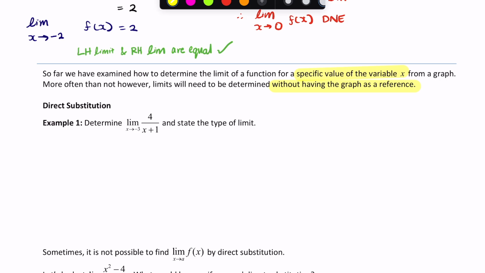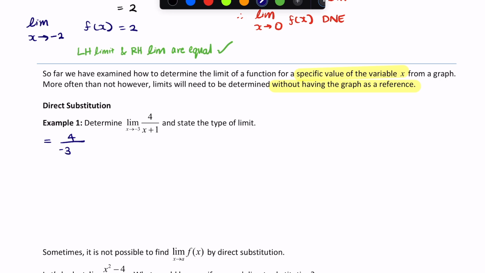we can simply sub in the value that the limit shows up from. So here, we see that the limit as x approaches -3, we can just simply sub that into the equation. So here, we write 4 over, and x will sub in as -3.